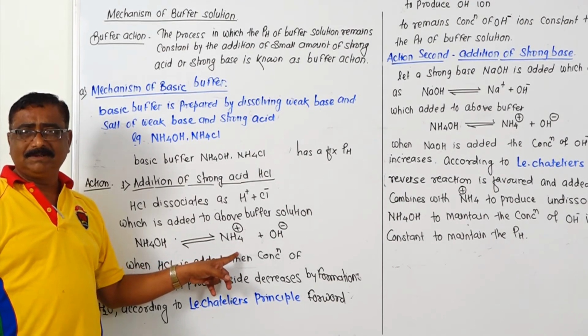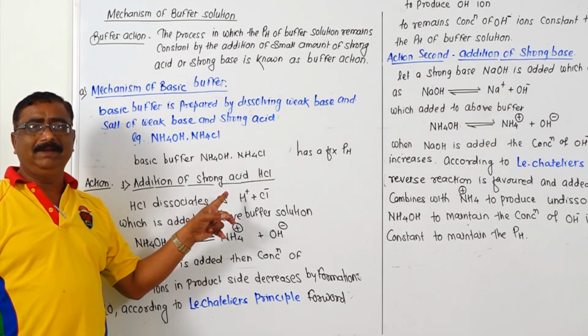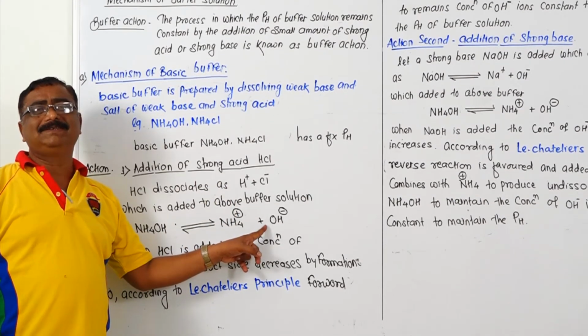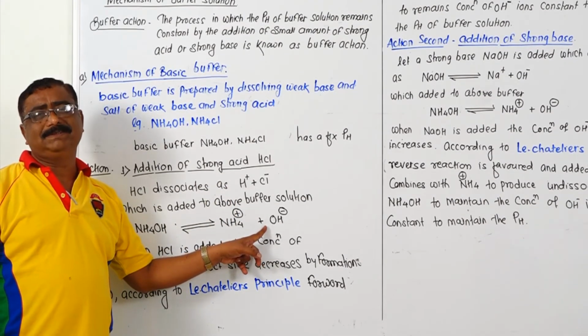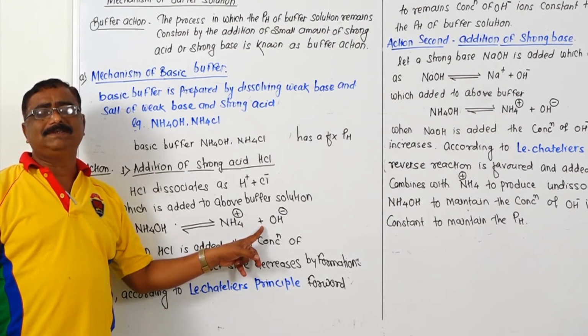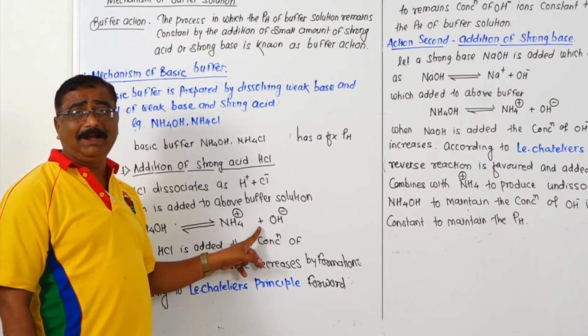What happens? When we add this H plus ion from the acid, this H plus ion combines with OH minus ions from the base, from this buffer solution, and produces undissociable water molecule. Here it produces water.